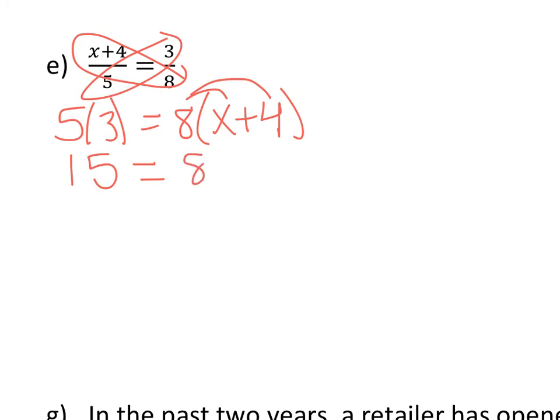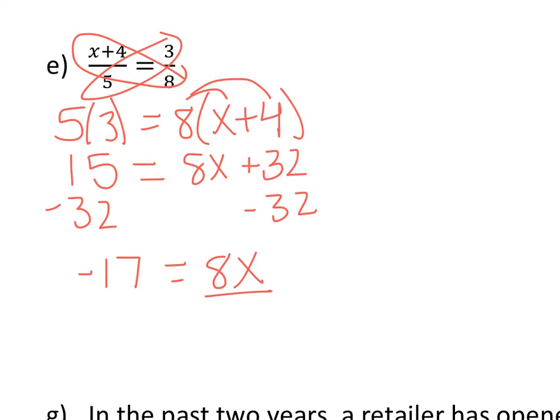So 8 times x is 8x, and 8 times 4 is 32. I'm going to subtract 32 from both sides. And I get negative 17 equals 8x. Divide by 8. And I'm going to go ahead and just leave that as an improper fraction. Negative 17 over 8 equals x.